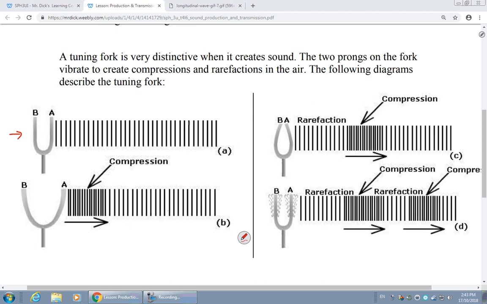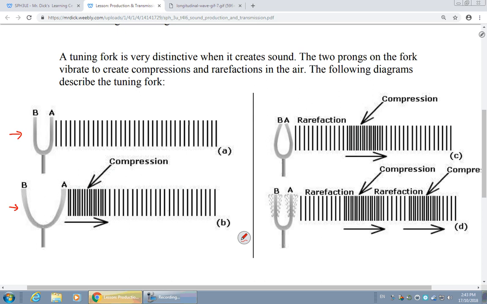So that would be just the tuning fork sitting in your hand before you actually hit it. And so all the air particles are just represented by those vertical lines in a row beside it. And they're evenly spaced, just the same way that the average spacing between air particles when they're normally sitting in a room will be fairly equally spread out.